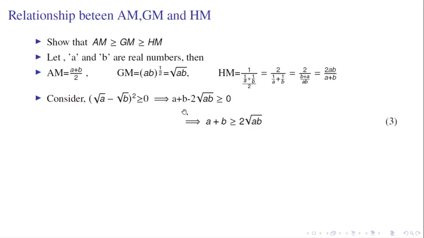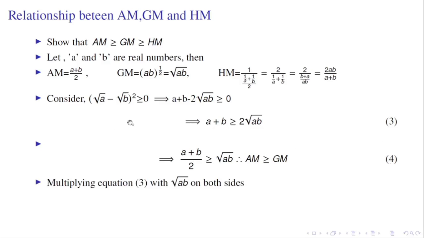Taking minus 2 root AB to the right-hand side, A plus B is greater than or equal to 2 root AB. This is the third equation. Dividing by 2, (A plus B) by 2 is greater than or equal to root of AB. Here (A plus B) by 2 is AM and root AB is GM, so AM is greater than or equal to GM. This is the fourth equation.